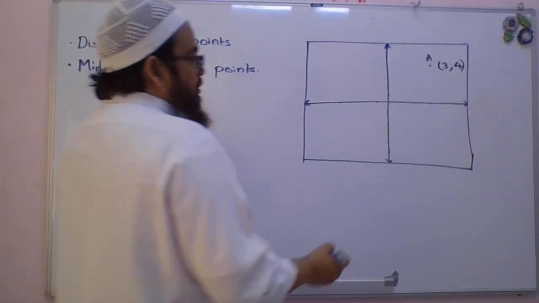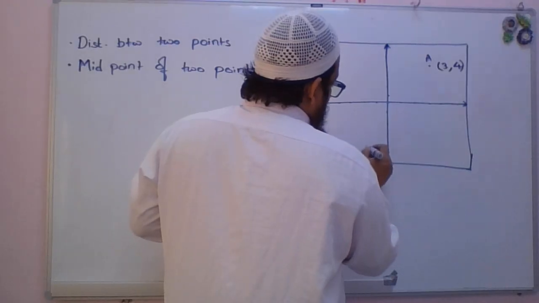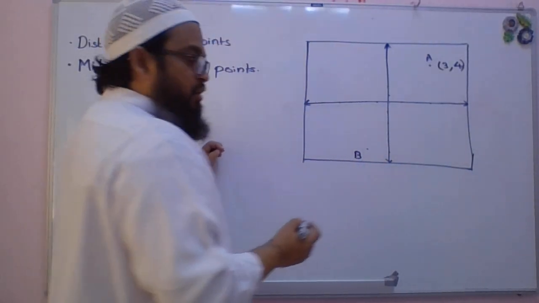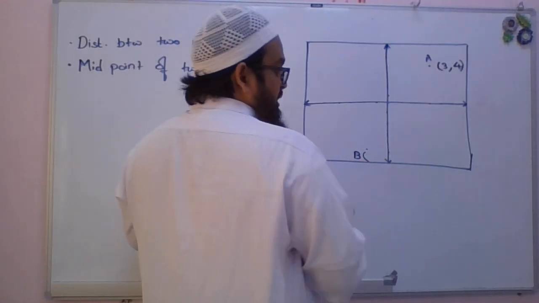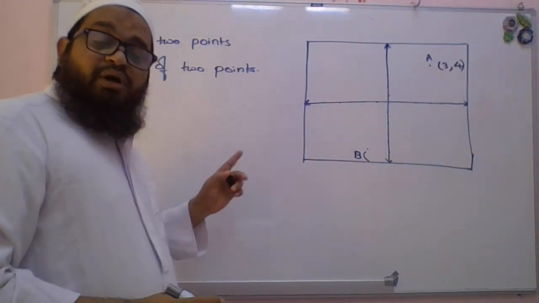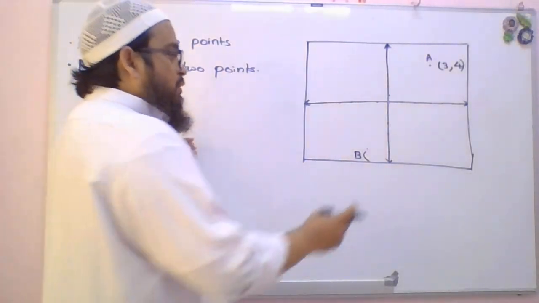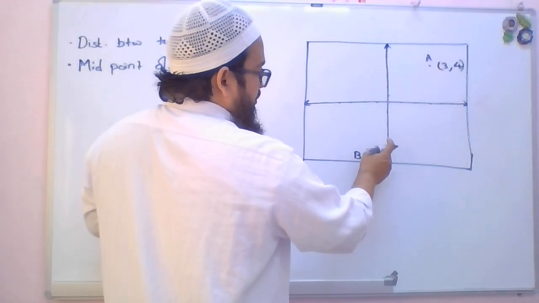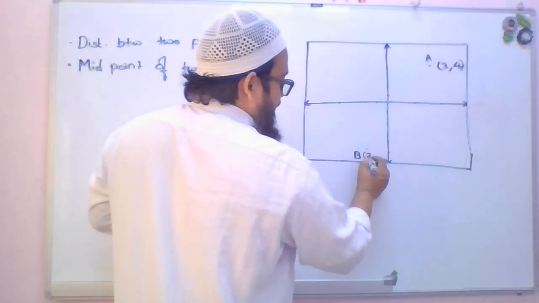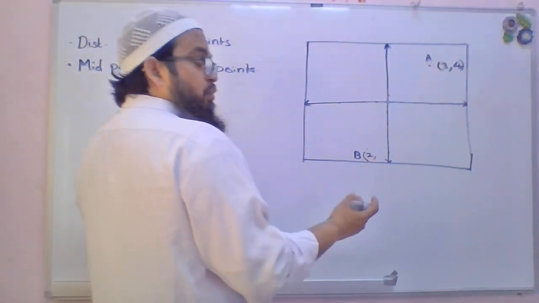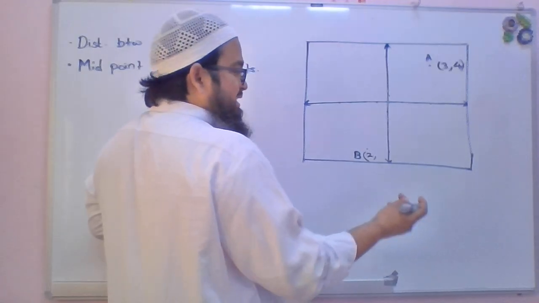Now let me take another point over here, and name it B. In order to get the x coordinate, what are you supposed to do? The distance from the y axis. The y axis is here, sir, 1 and 2. So the x coordinate is 2. And the y coordinate is the distance from the x axis.